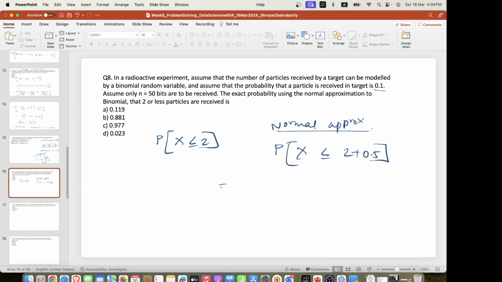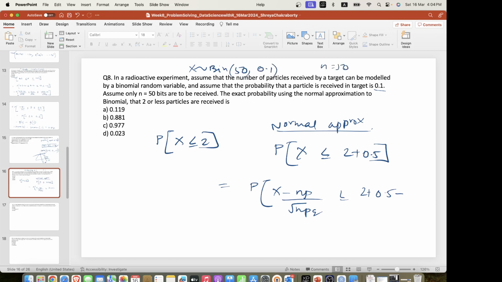So this we can write as probability (X minus np) by root over npq less than or equal to 2 plus 0.5 minus, now what is my np? X is a random variable following binomial 50 and p is 0.1.